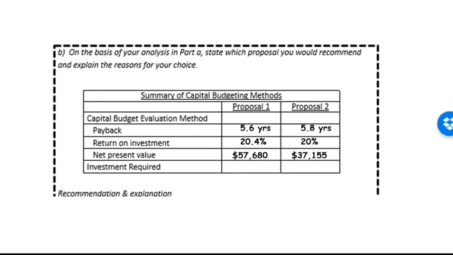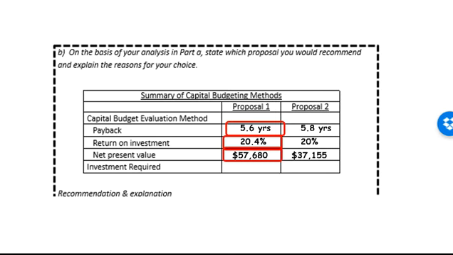So in this case, under these circumstances, using payback, we would pick proposal 1. Using return on investment, we would also pick proposal 1, and using net present value, we would also pick proposal 1.